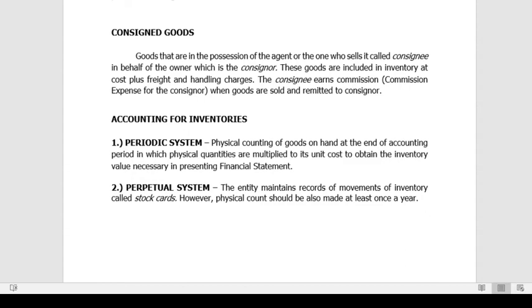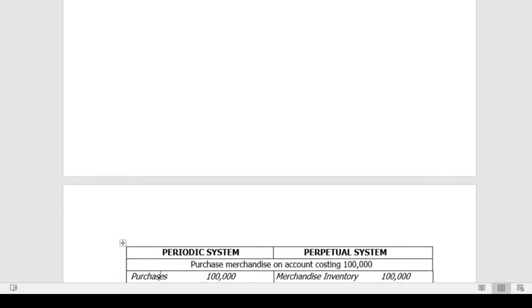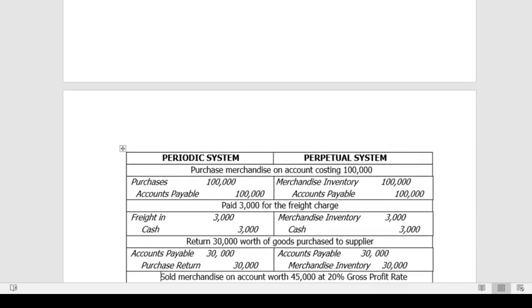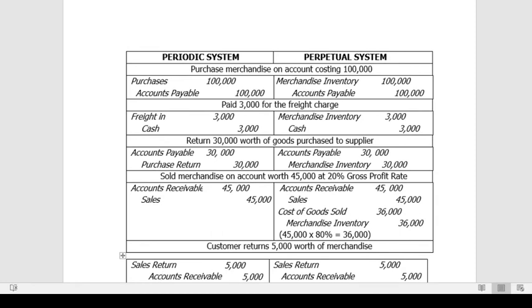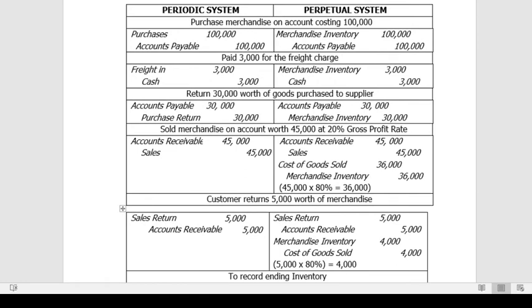Accounting for inventories, periodic and perpetual system. This has already been discussed for you several times in your cost accounting. So in your module, you will try to appreciate the comparison between the periodic and perpetual system as a reminder from your cost accounting times. Ang pagkaiba lang naman talaga under the periodic and perpetual system is the use of the account titles.